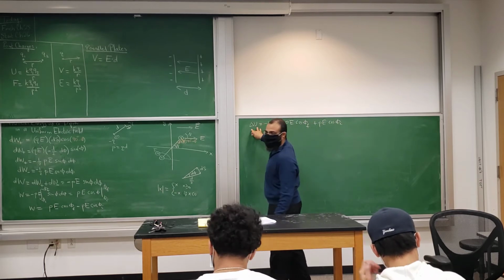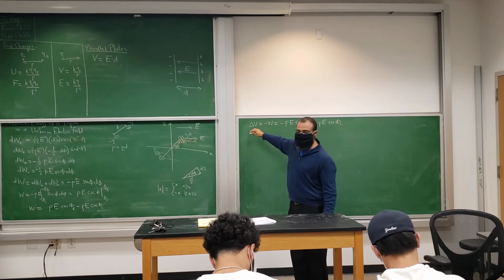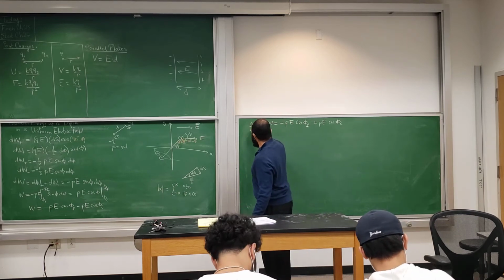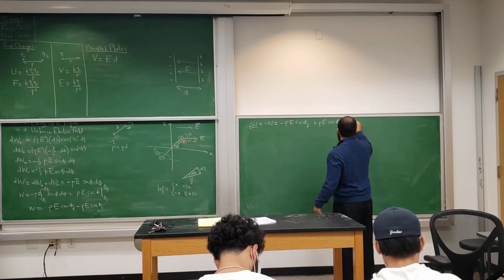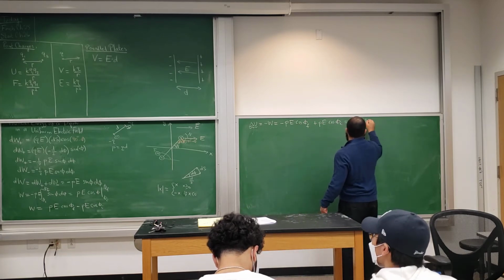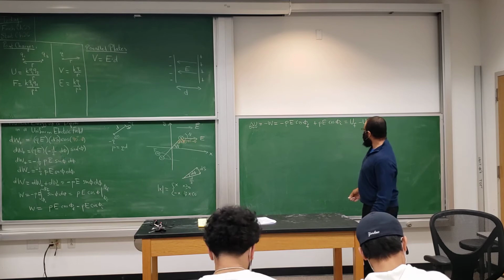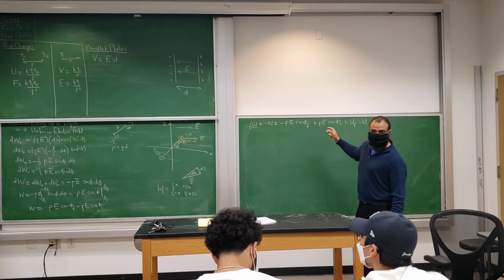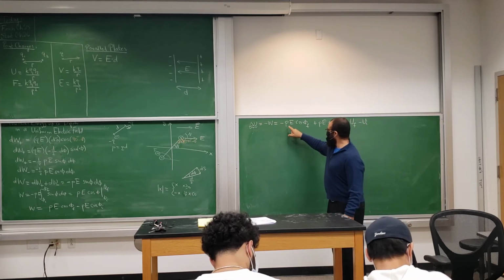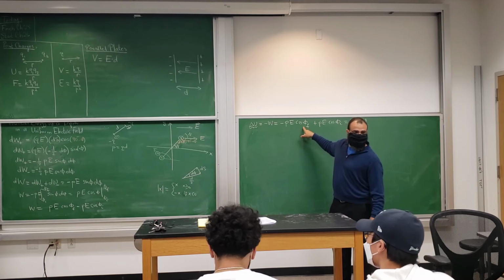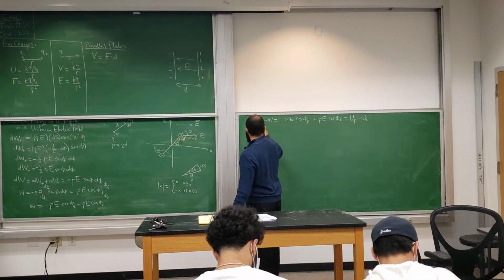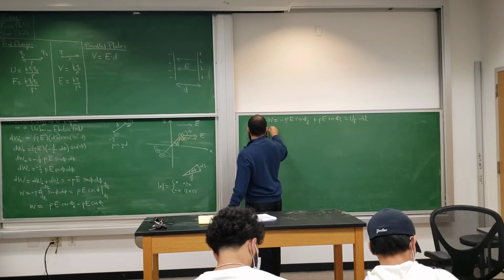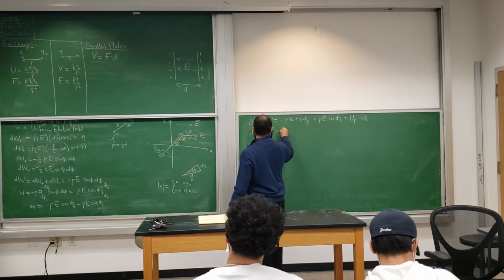The change of anything is the final minus the initial, so this is equal to U final minus U initial. So that means U at any point is minus PE cosine phi.